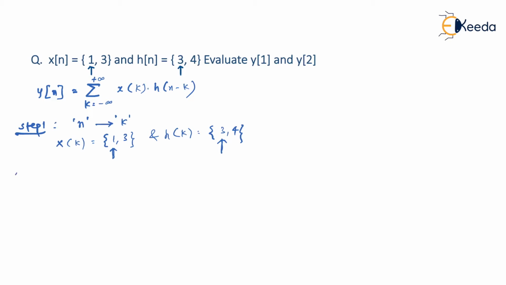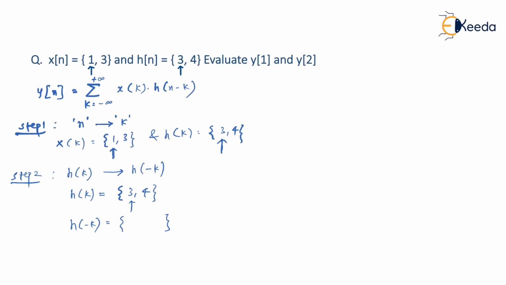In that case, we'll start with step number 2. Step number 2 just says convert h of k to h of n minus k. In fact, first of all, we convert h of k to h of minus k. So we'll correct it. So let's say our h of k is 3, 4, and we have an arrow mark here. When you do time reversal, we know what really happens in time reversal.